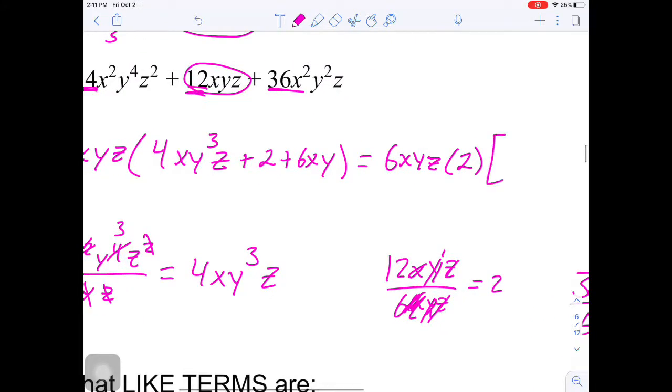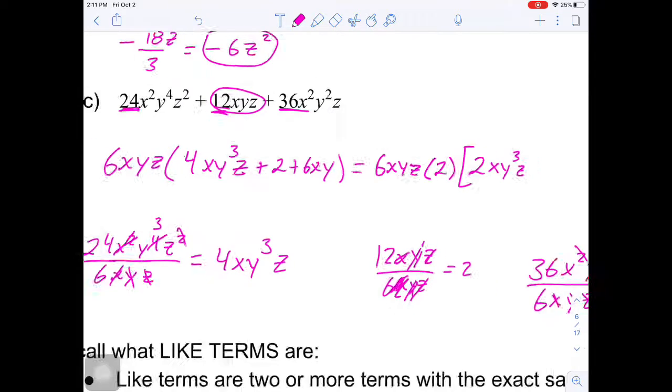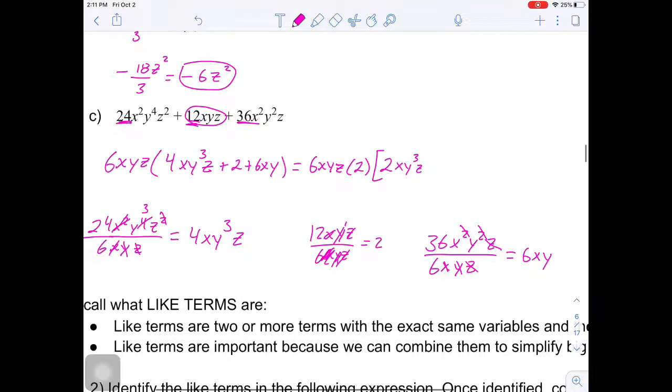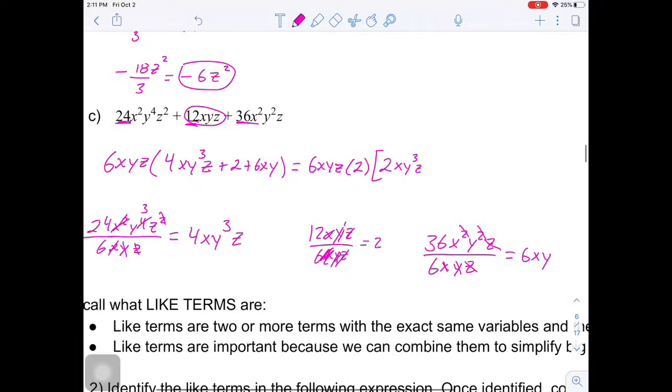So 4 dividing 2 gives me 2, and I didn't take out any other variables. 2 dividing 2 gives you 1, so this would be plus 1. 6 dividing 2 gives me 3, so plus 3xy.